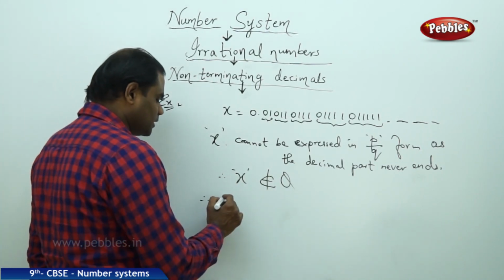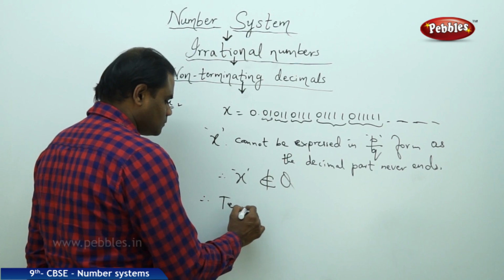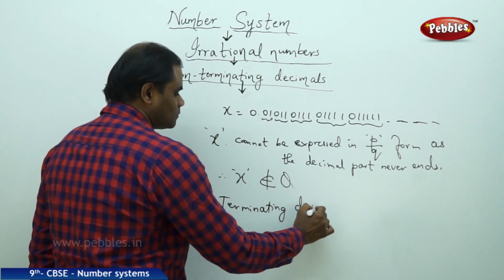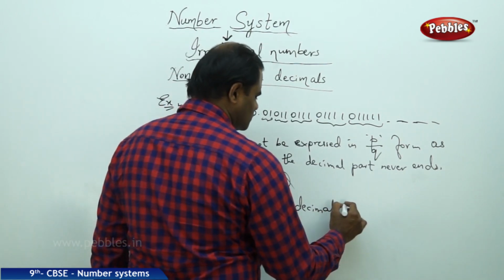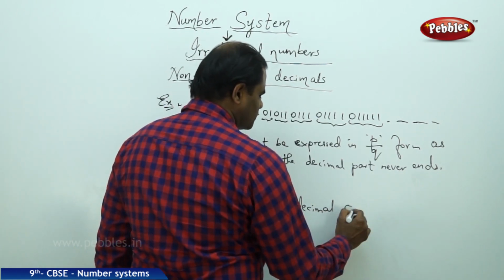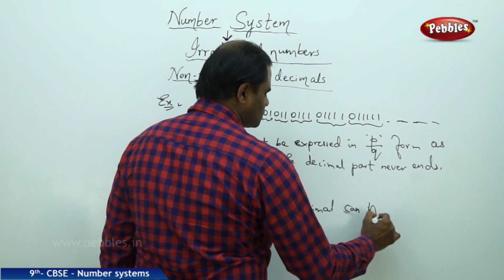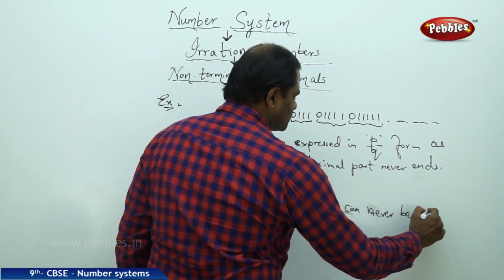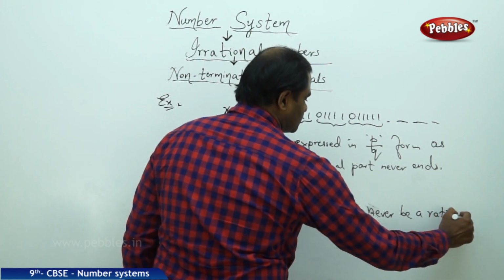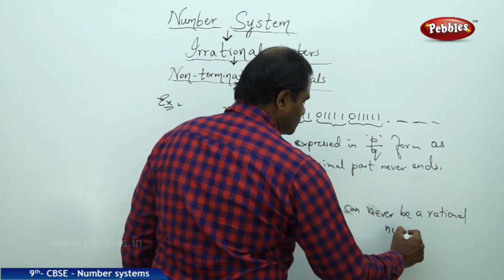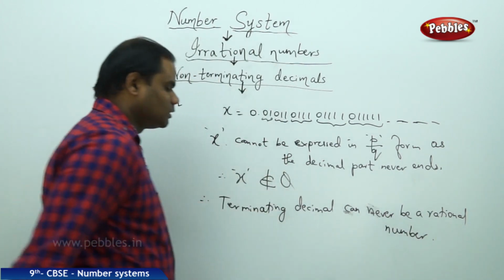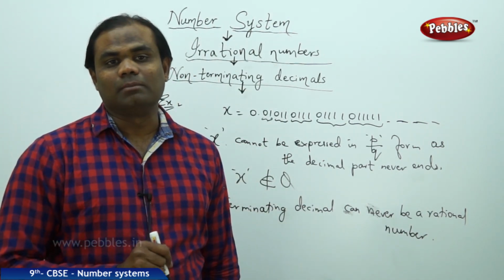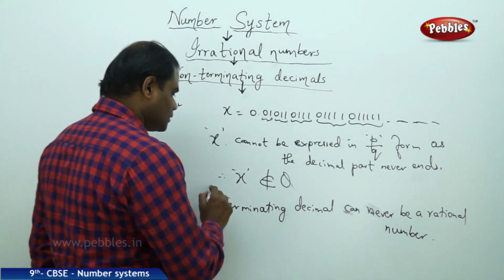Therefore, any non-terminating decimal can never be a rational number. A non-terminating decimal is always an irrational number, is how we identify the property.